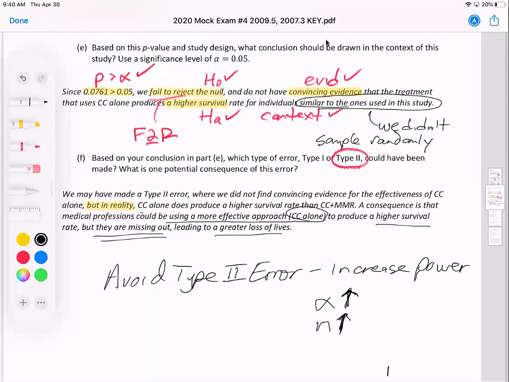If there really is a difference between the two groups, the bigger your sample size, the more easily you'll find it. Also, it decreases your sampling variability. And then lastly, your effect size. If your effect size increases, then that will also increase the power of your significance test. So you could be asked about power and describing what power is, interpreting what power is, ways to increase the power.